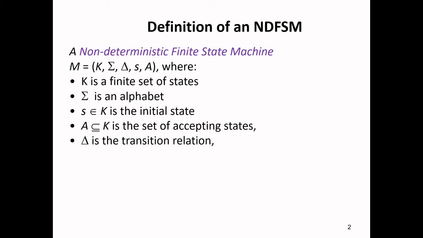Delta is the transition relation, a finite subset of K × (Σ ∪ ε) to K. That is, each element of delta contains a state and an input symbol or epsilon pair to the new state.